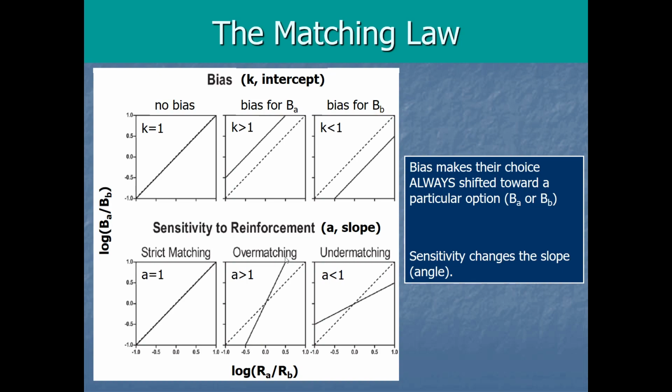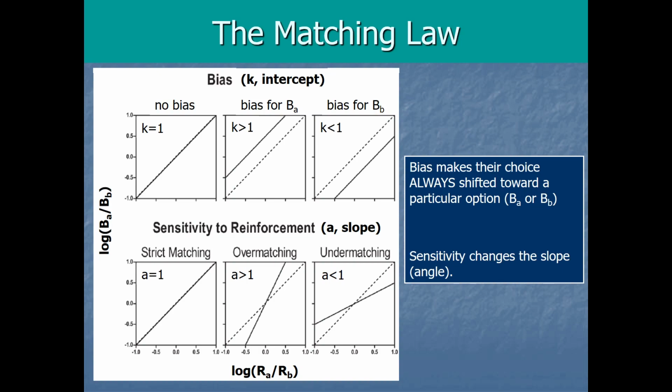So the angle is too high. They're really spending too much of their behavior on choice A relative to choice B compared to how much they should be getting from the relative rate of reinforcement of those. So we've shifted the angle way too steep if the sensitivity value is greater than 1. If it's less than 1, you get the opposite. You get undermatching, right?